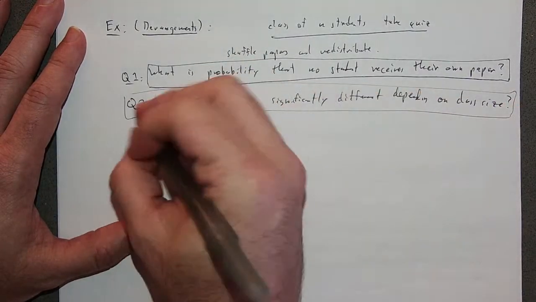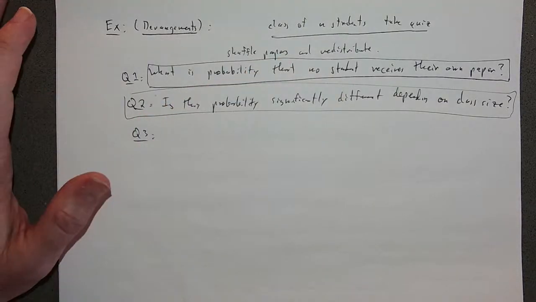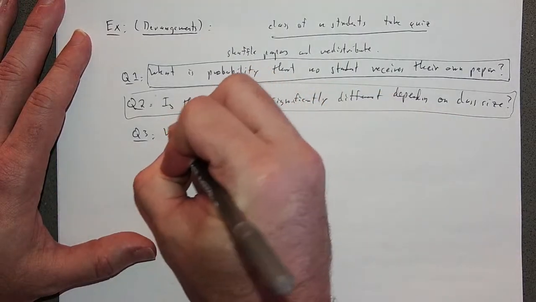Which leads to a very related third question you could even group in with the second question, which is: what is the limiting probability as n goes to infinity?